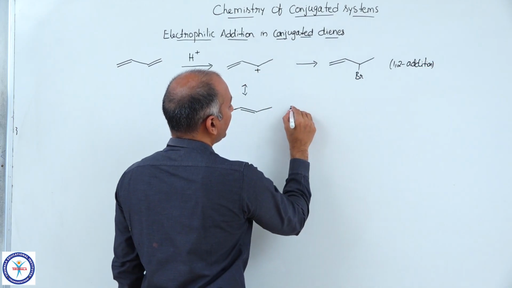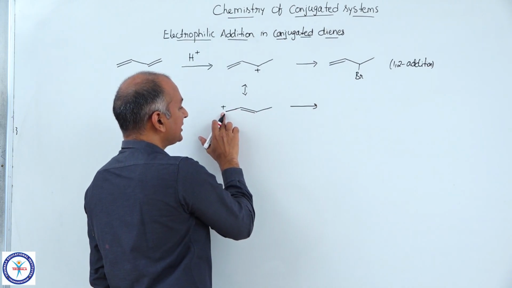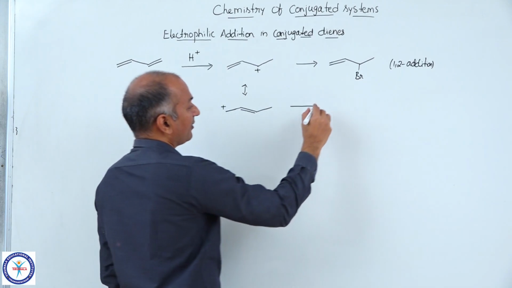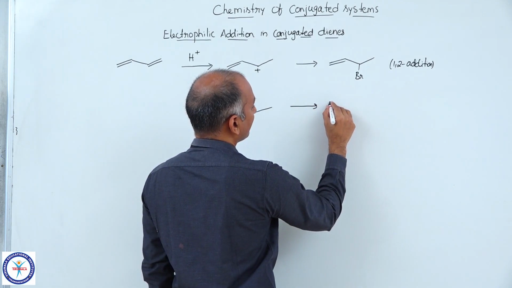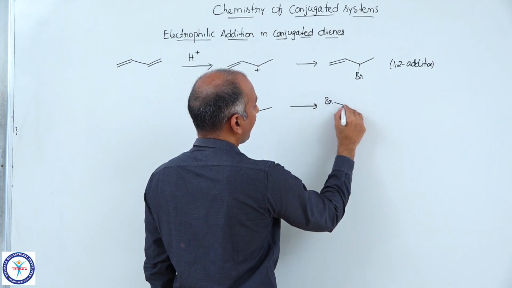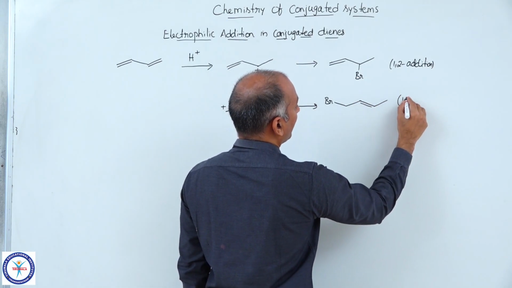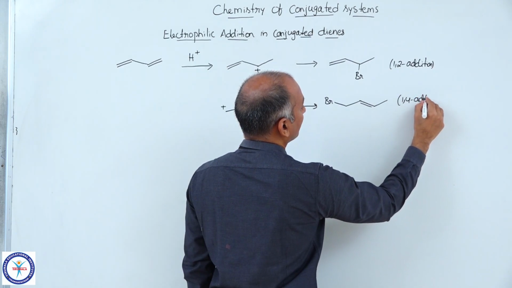And if Br minus attacks this particular carbon, which also has partial positive charge, then the compound obtained is this Br compound, and you all know this is 1,4 addition.